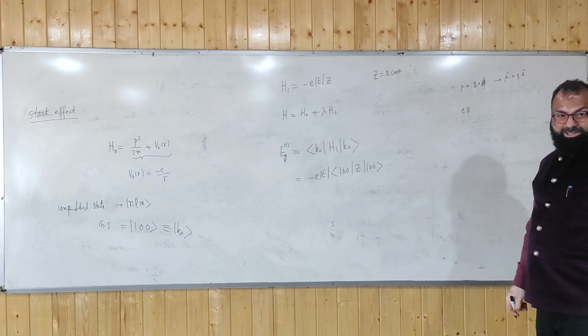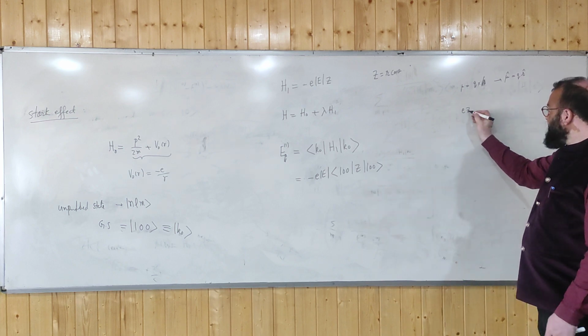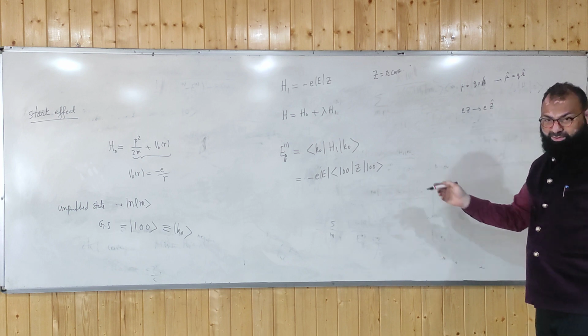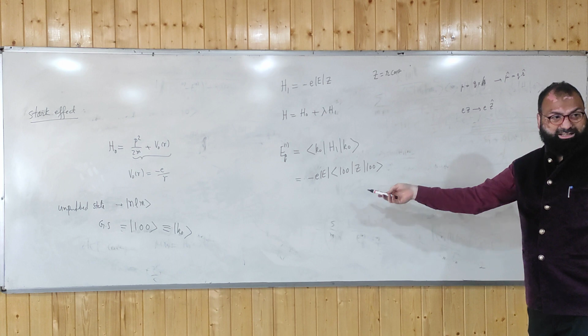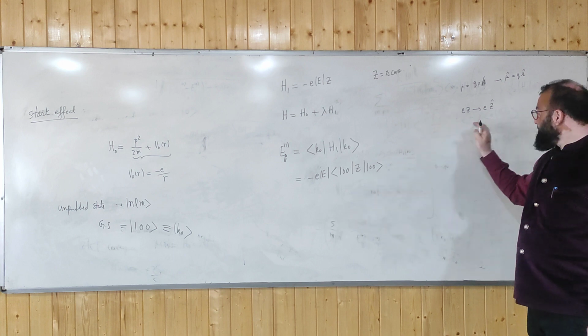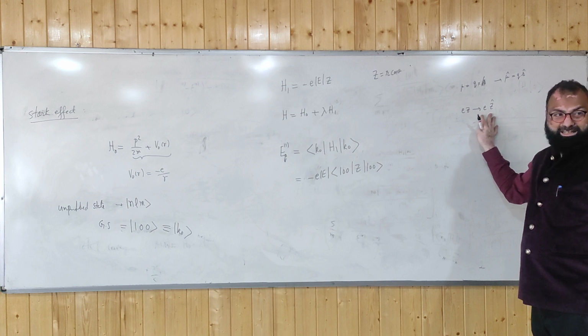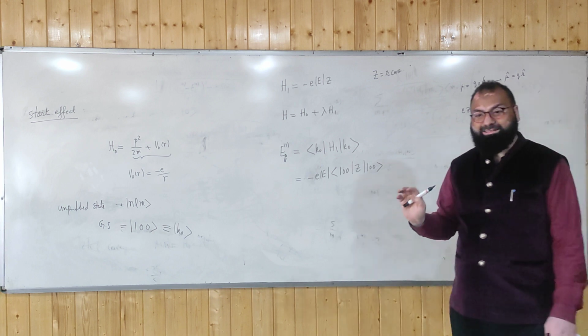Now let's look at e and z. Because we are dealing with quantum mechanics, it is a quantum mechanical problem. What will this give me? Simply, it is a dipole operator. It will simply measure the dipole moment in a given state.